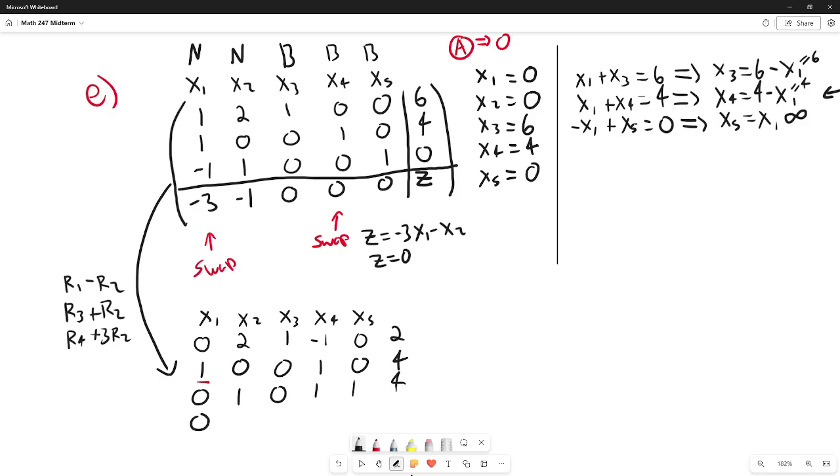Negative 1 plus 0, that's negative 1. 0 plus 0, that's 0. 0 plus 3, that's 3. 0 plus 0, that's 0. And then z plus 3 times 4, that is z plus 12.